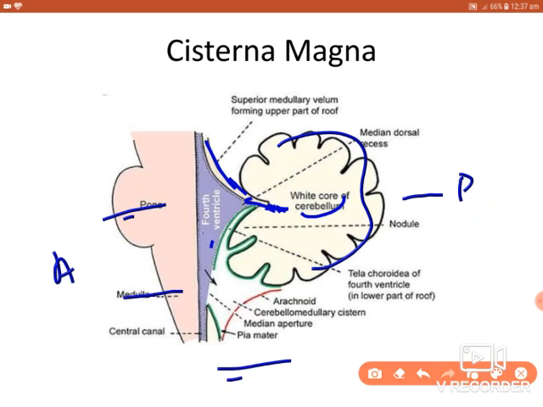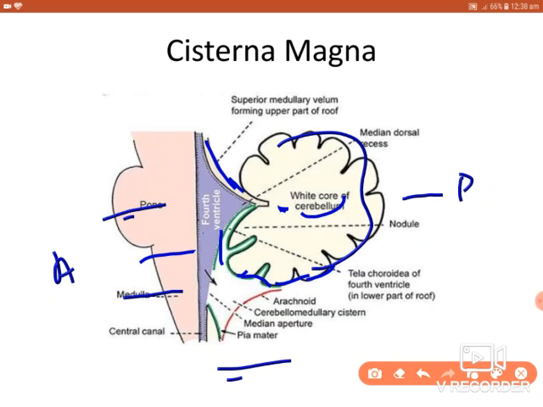Inferior medullary velum is marked with this green. That is a non-nervous tissue. It is the pia mater. It is the double layer fold of the pia mater, inner layer of the meninges. Here this is the ventral layer towards anteriorly. Here this is the dorsal layer of the pia mater, which lines this vermis and then lines this cerebellar hemispheres.